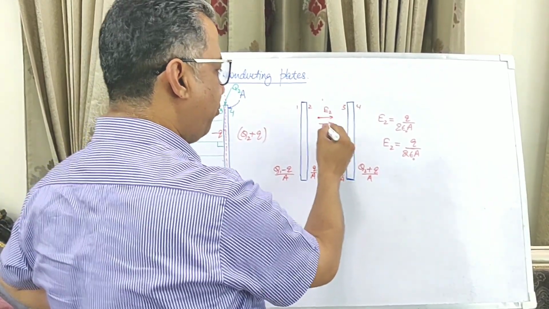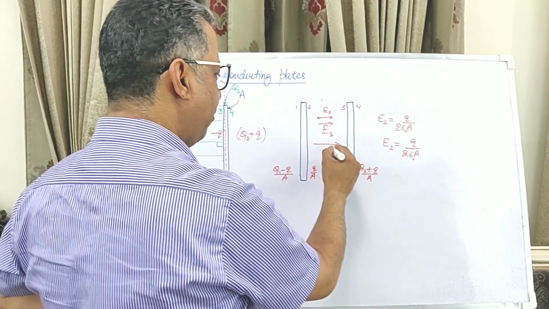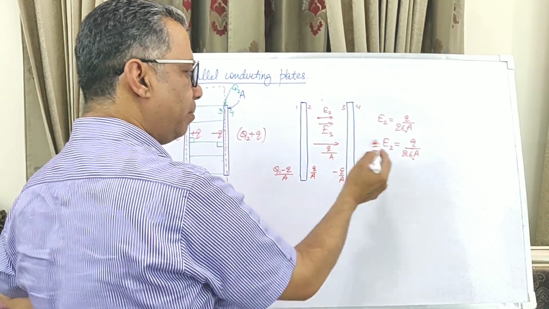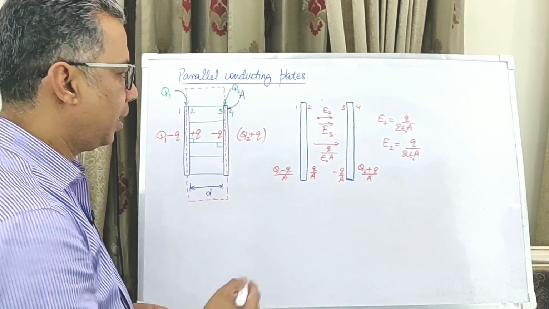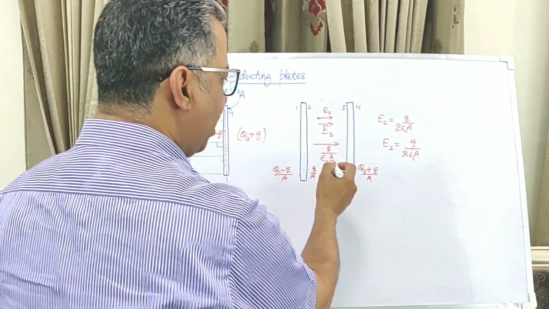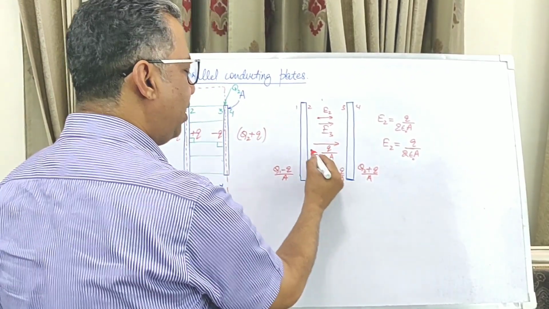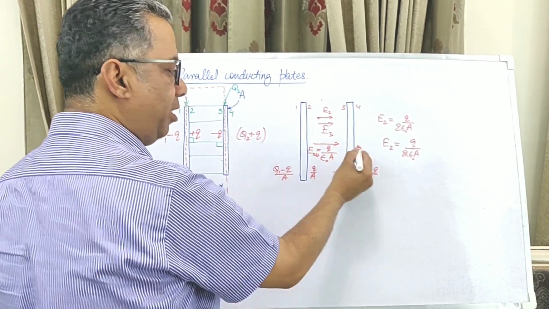The sum of these two, if you add them up, will be sigma on any one of them by epsilon naught, correct? This is the sum of E2 and E3, and this is also incidentally the net electric field in this region.